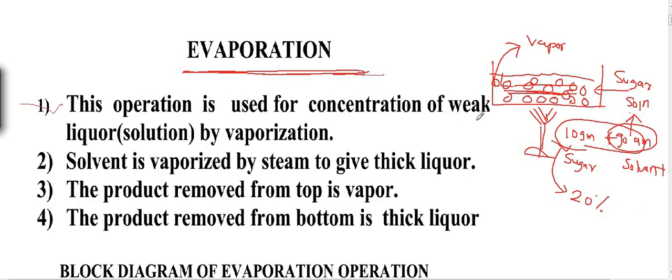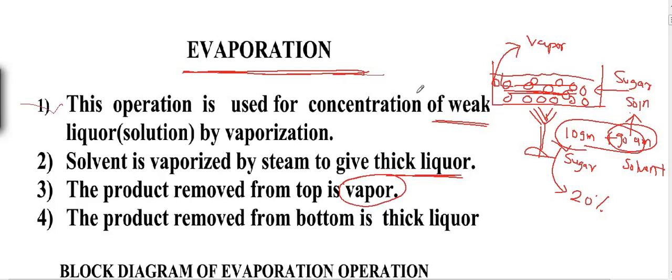For this evaporation, the input to the evaporator is weak liquor, which contains a relatively small amount of solute, and you get output as thick liquor. The percentage of solute in thick liquor will be comparatively more than in weak liquor, because a certain part of the solvent present in the weak liquor gets vaporized.